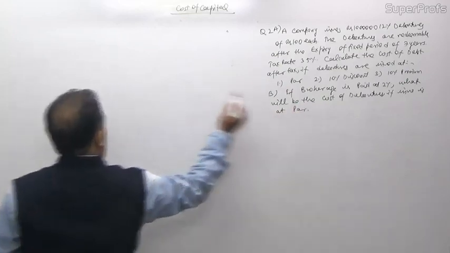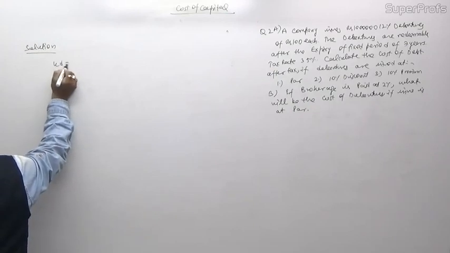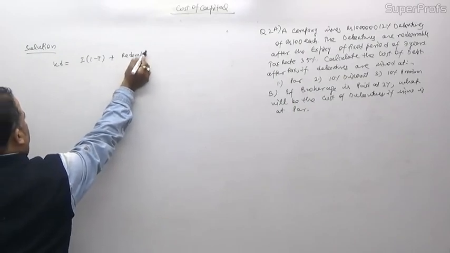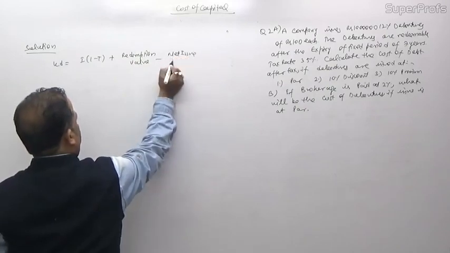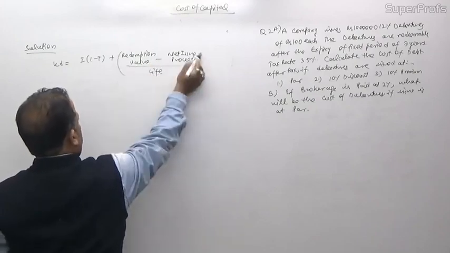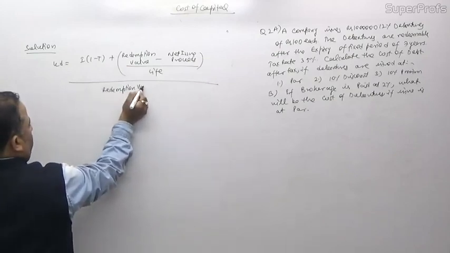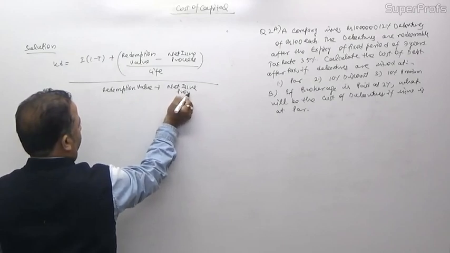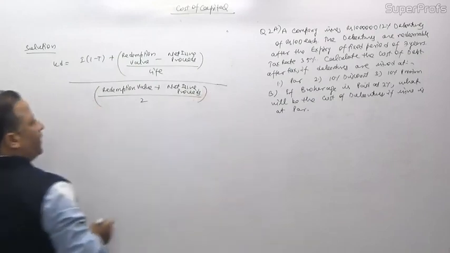So, for the first part of the question, the formula to calculate cost of debt is equal to I(1 minus T) plus redemption value minus net issue proceeds divided by life, the whole divided by redemption value plus net issue proceeds divided by 2.